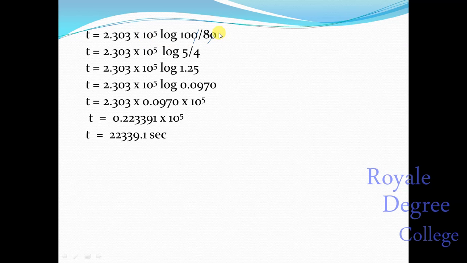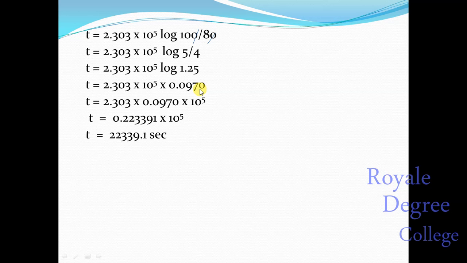The zeros get cancelled. So 2 fours are 8, 2 fives are 10, so you will get the value as 5 by 4. Now 5 by 4, if we divide, we will get the value 1.25. The log value of 1.25 is here 0.0970, isn't it?